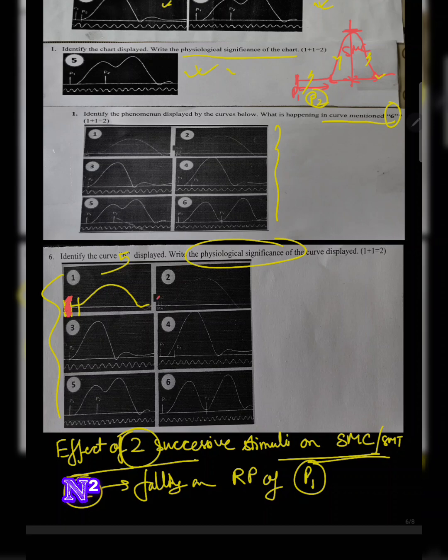That's why you have seen that the second stimulation was falling at the first half of the latent period, so the height of the curve was almost the same, so it was not responsive.